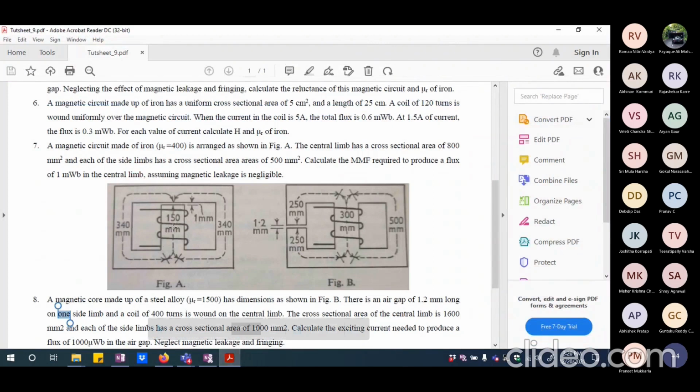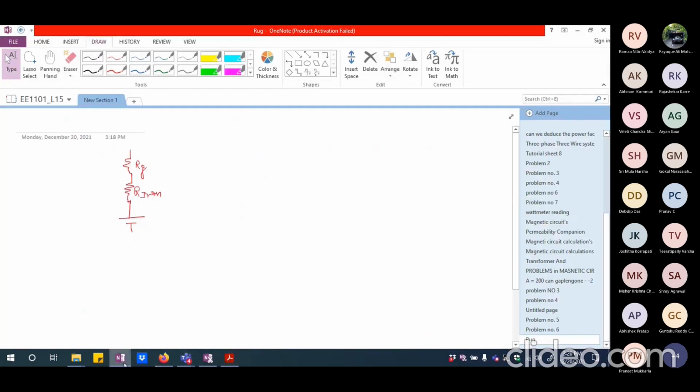The wound coil is actually having the reluctance of the limb and also the reluctance of the air gap. But in these two sides, it is going to be reluctance of iron only. So I should be able to draw somewhat like this. From here, I should have a reluctance like this, which is again for the side limb. And a similar thing should also be here for the other side limb. So this is also reluctance of side limb.